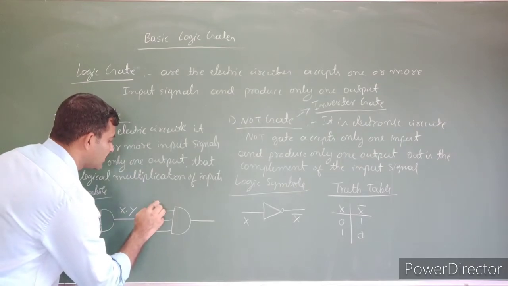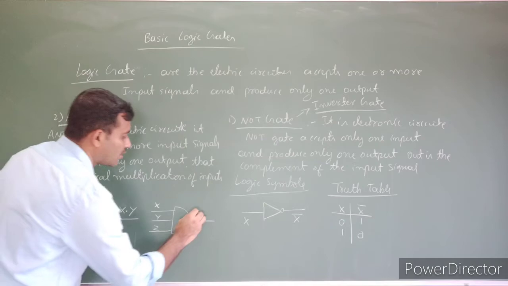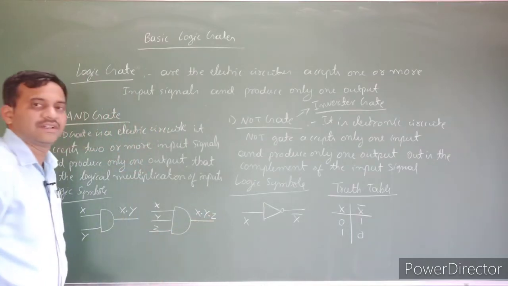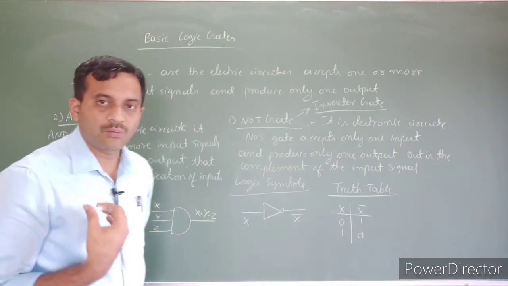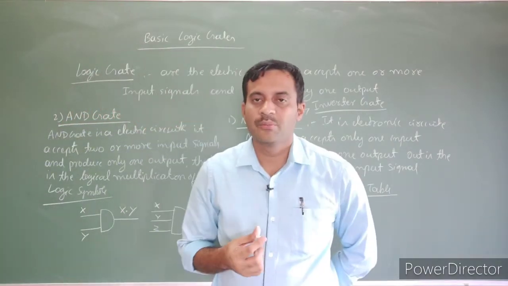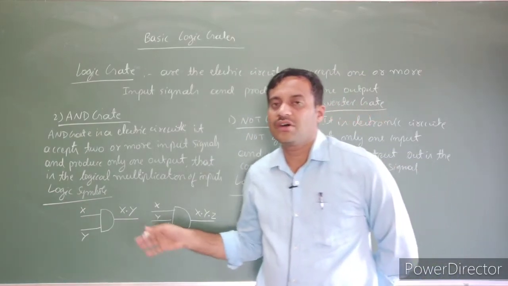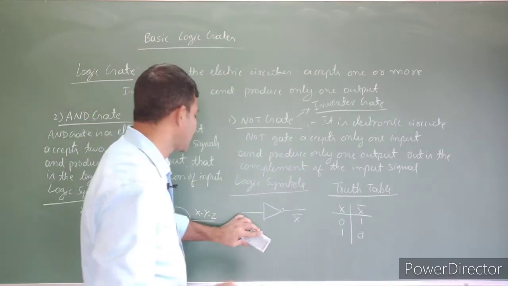If X, Y, Z are the inputs, the output is X into Y into Z. If it accepts two or more input signals and produces only one output signal, then the output is the logical multiplication of the inputs. Let's see the truth table.